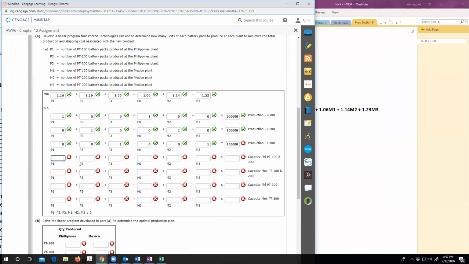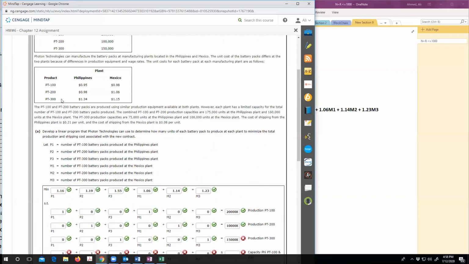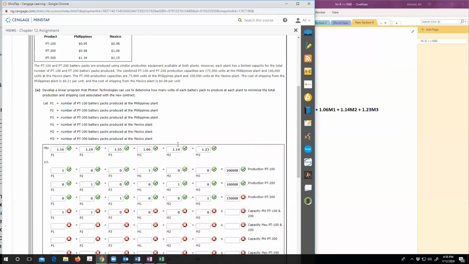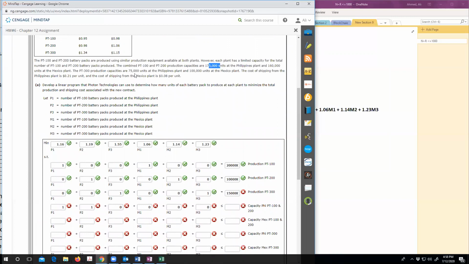So this one and this one, let's remove all of this, and this is equal to 175,000, whatever it is. So this is the total, the combined PT 100 and PT 200 production capacity. So they are talking about the Philippines.